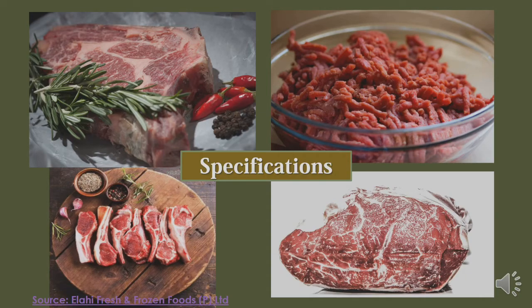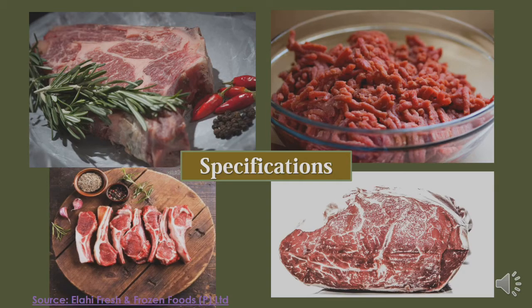But some restaurant chefs would like to have photos like the bottom left-hand side. They want to order a whole part of the meat and send it to the restaurant, and they try to cut it by machine.